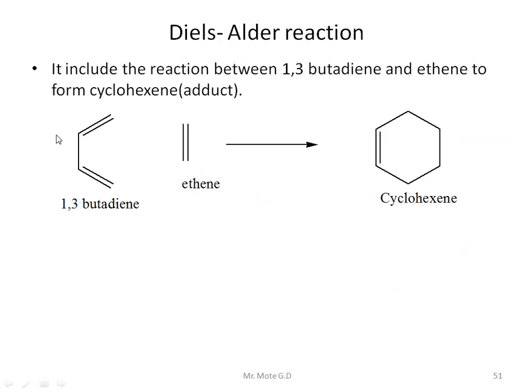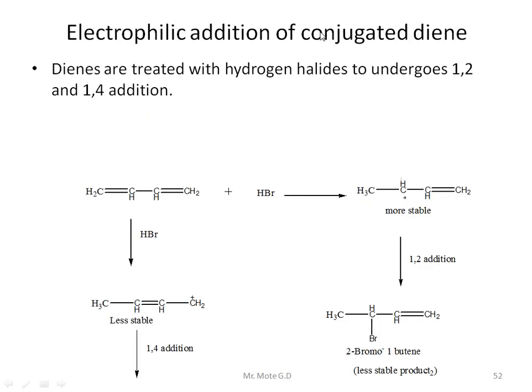Then the Diels-Alder reaction. 1,3-butadiene treated with ethylene. Simple addition reaction to form cyclohexene. Then electrophilic addition of conjugated diene. Dienes are treated with hydrogen halides to undergo 1,2 and 1,4 addition. So this is the conjugated diene, 1,3-butadiene, treated with HBr.